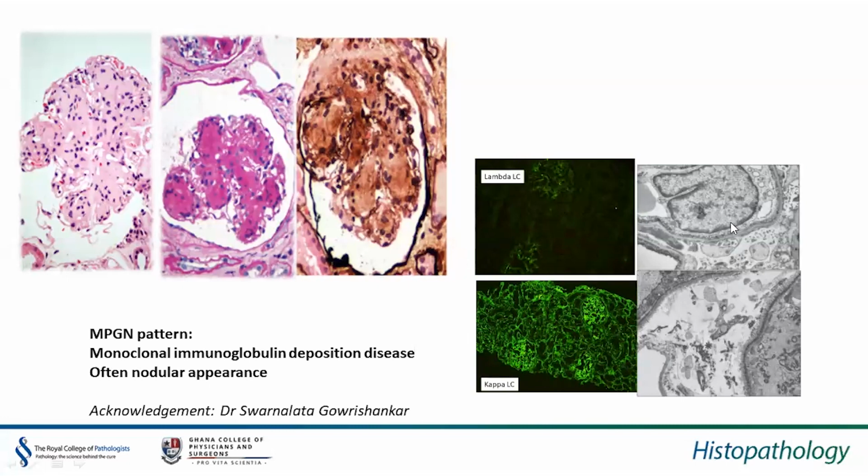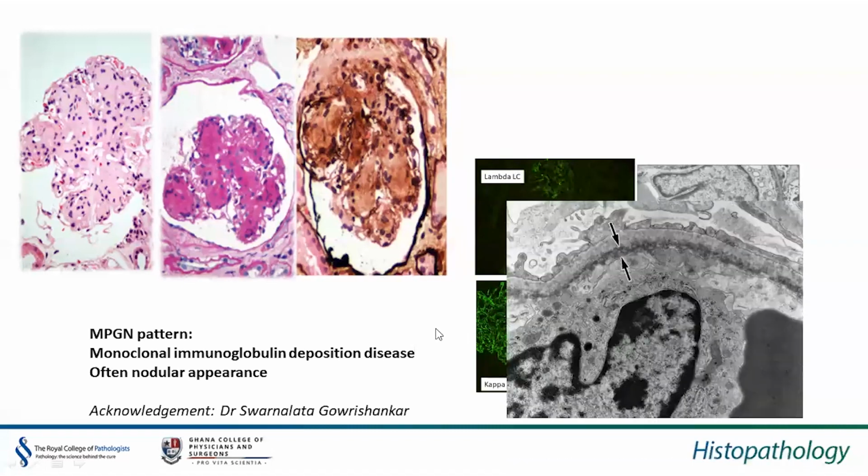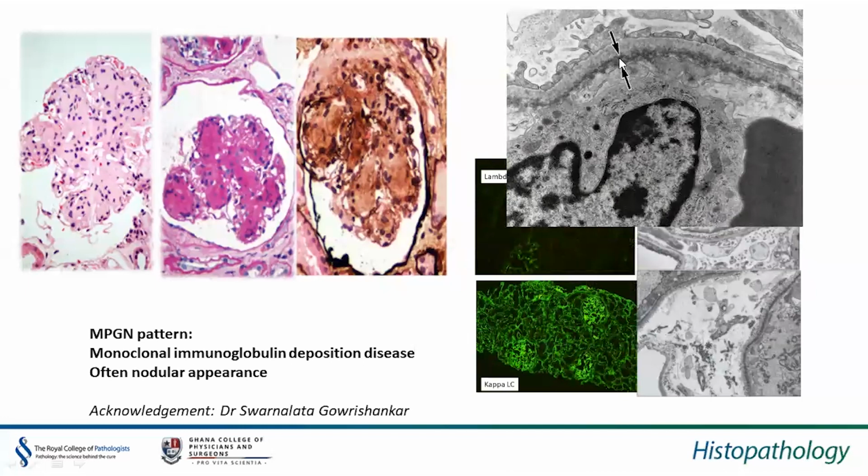And on electron microscopy, you find the presence of fine powdery deposits along the endothelial side of the basement membrane. This is the characteristic appearance of MPGN pattern due to a monoclonal immunoglobulin deposition disease.